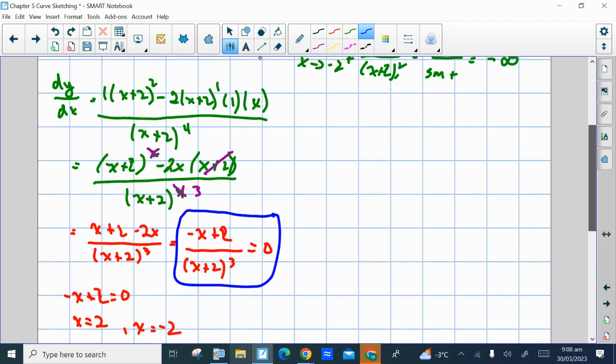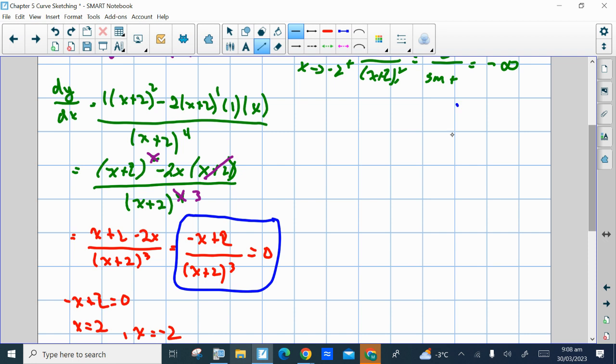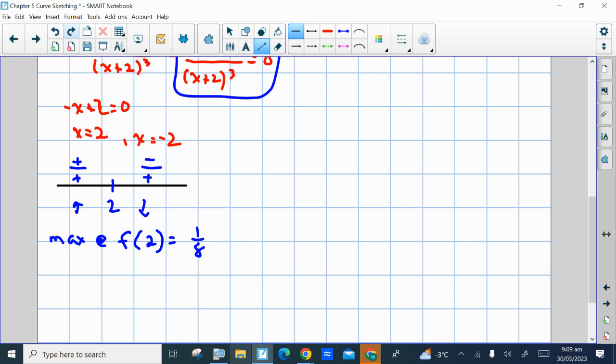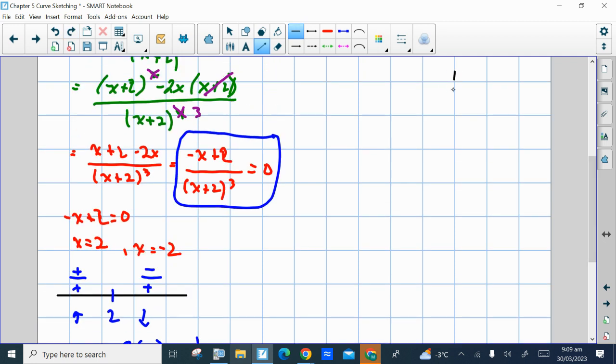So, what do we got here to do our graph? So if I look at what I need to put on here, I need to put a vertical asymptote at -2, a horizontal asymptote on the y-axis.